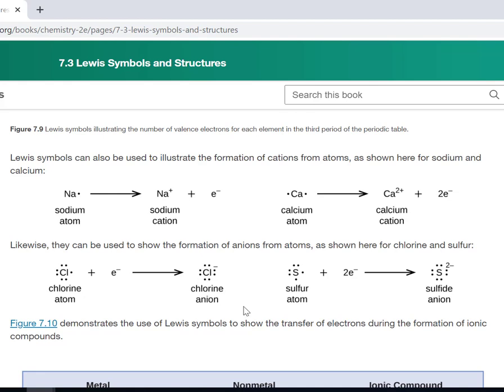When we do this, we will typically always have the metals end up with 0 electrons. The nonmetals end up with 8 electrons. And so you can kind of see how that works in terms of predicting what the charges are for the elements based on how they're gaining or losing electrons in these kinds of reactions.